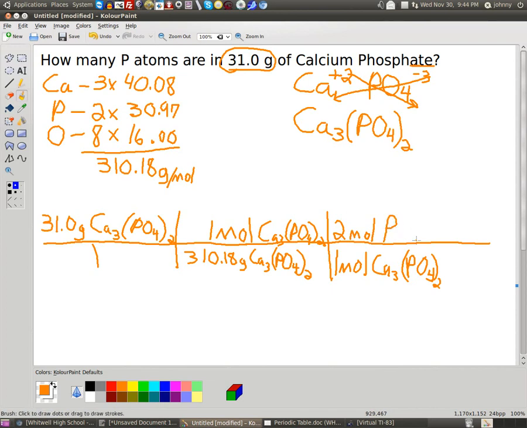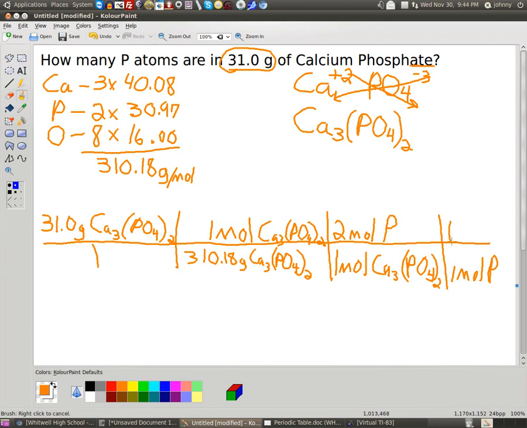Okay. Now, they want to know how many P atoms there are. How many P atoms. So I'm forced to keep going here. So down here I'll write down 1 mole. In 1 mole of what? Well, in this case it would be phosphorus.